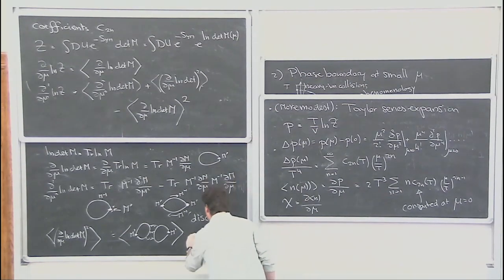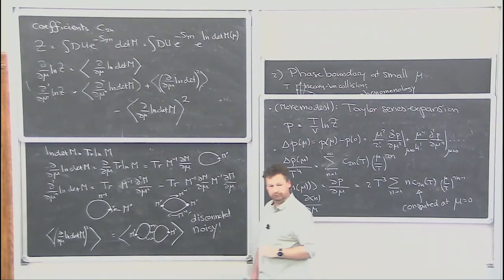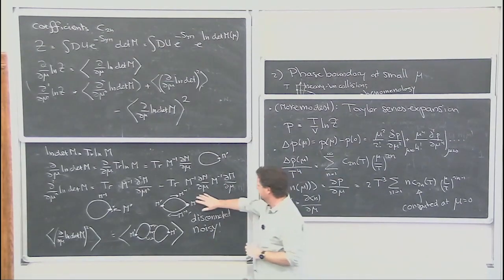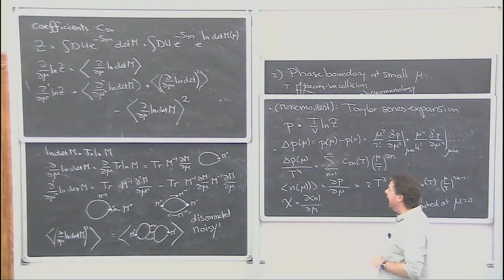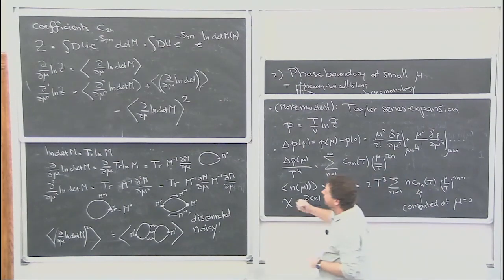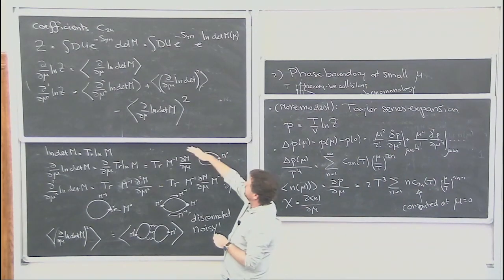And the upshot from this is it's extremely noisy, so it's very difficult to compute. So the first two terms are easy to compute. This is very difficult to compute. And this is in a way where the sign problem comes back in the Taylor series expansion. I've only given the result here to second order in mu.